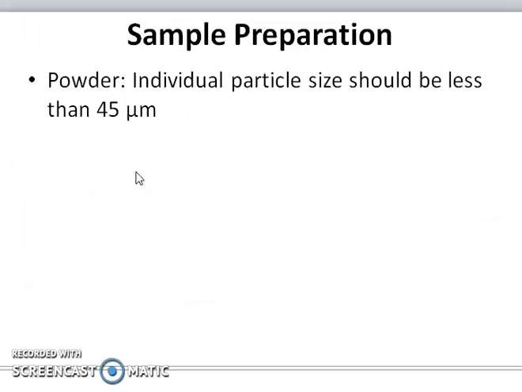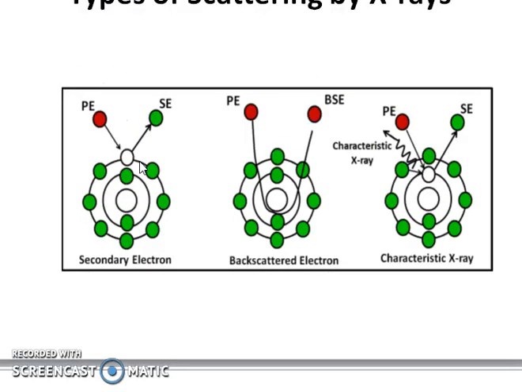This is how to prepare the sample. For an individual powder sample, the particle size should be less than 45 microns. Fiber sample preparation is a little bit tricky. Fibers are generally weighed first and then cut with very sharp scissors in a small 25 to 50 ml capacity glass flask.